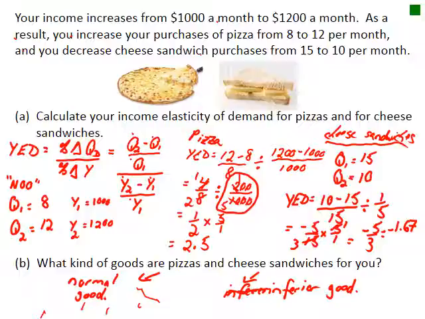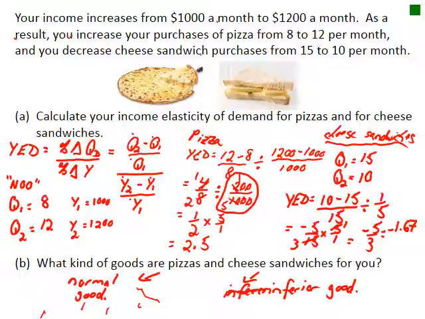Okay, now let's look at the case of cheese sandwiches. So in the case of cheese sandwiches, we know that our Q1 and our Q2, so we've gone from 15 cheese sandwiches to 10.